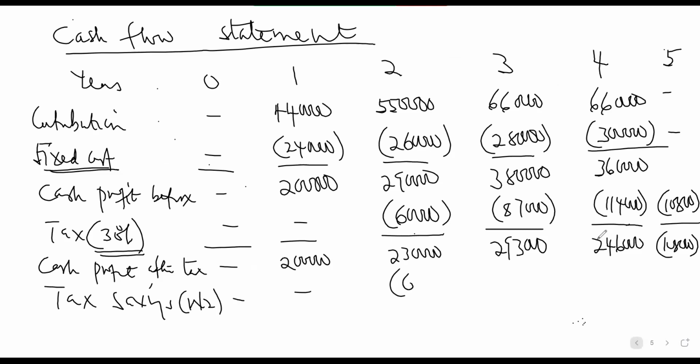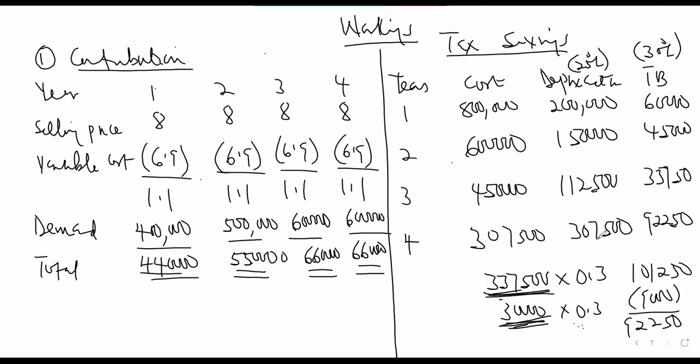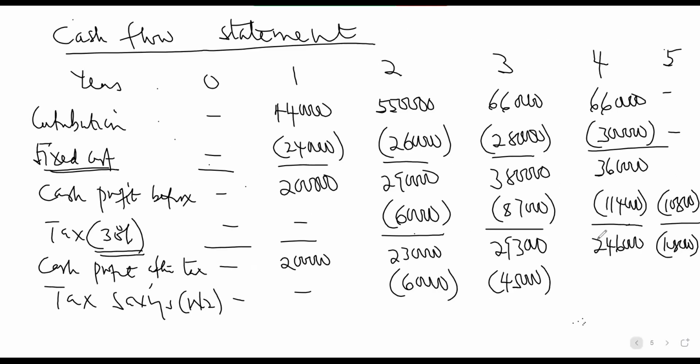This will be 60,000, isn't it? Then we have 45,000. Then year 4 will be 33,750.